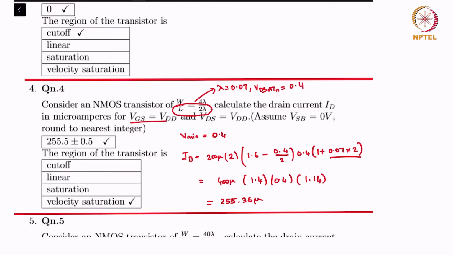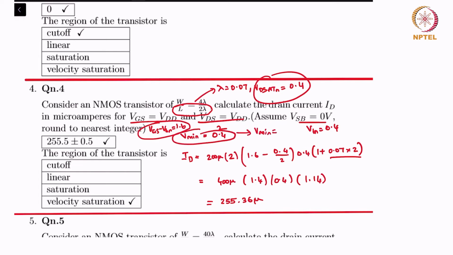Since VSB is 0, VTN is equal to 0.4, which means VGS minus VTN, which is 2 minus 0.4, is equal to 1.6 and VDS is 2 volts. So the minimum of VDSAT n, VGS minus VT and VDS is going to be 0.4 and thus we are in the velocity saturation region.